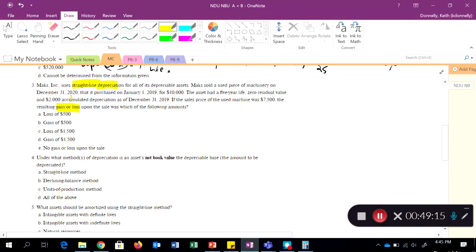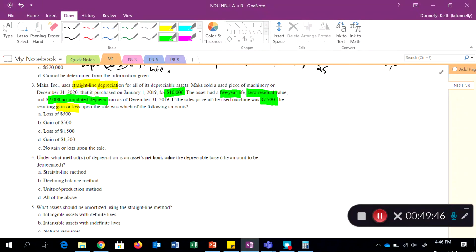So what that means is we might have to factor in some depreciation for the year. It purchased it on January 1st, 2019 for $10,000. So there's our cost, $10,000. Had a 5-year life, 0 residual value, $2,000 of accumulated depreciation. Selling price was $7,500. So we sold a machine for $7,500, which we previously subjected to depreciation.